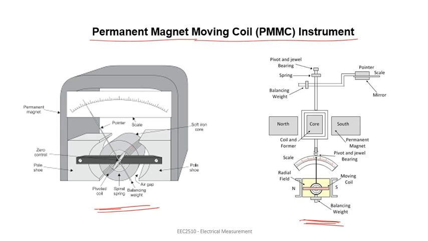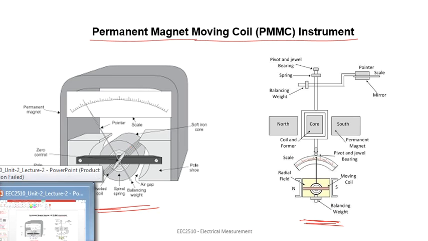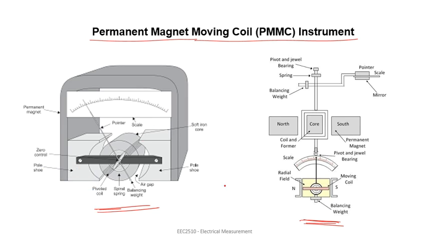The main principle is the same as I described for the deflecting force in the starting slide: whenever a current flows, it exerts a force on the coil. As soon as the coil rotates, the pointer also moves over the calibrated scale.